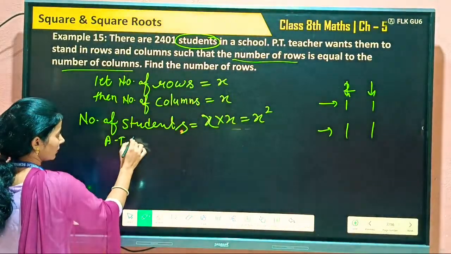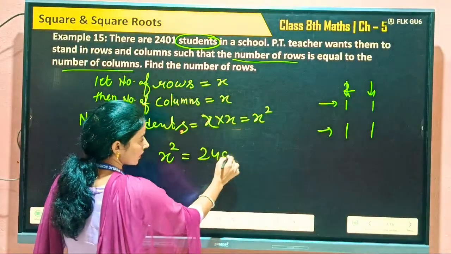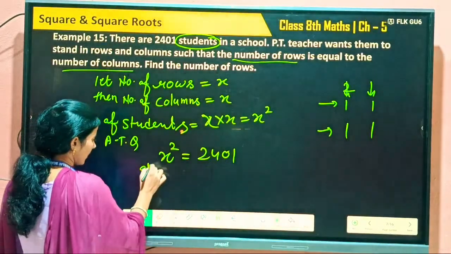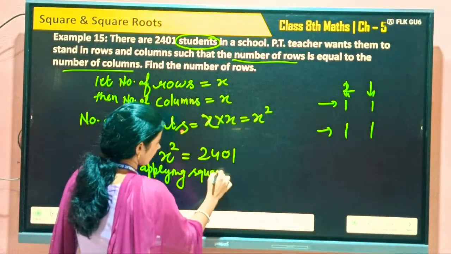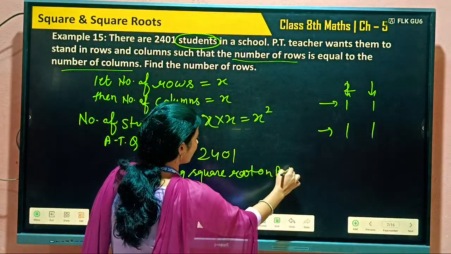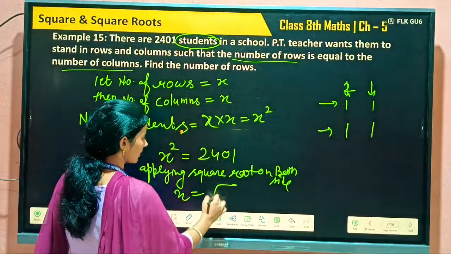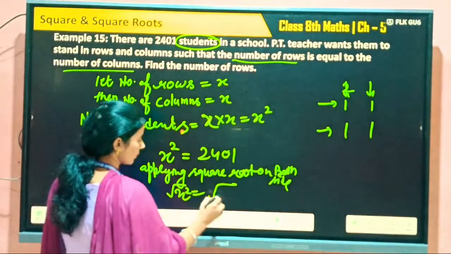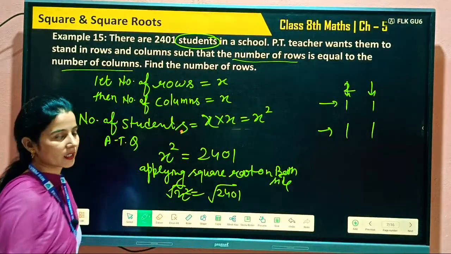According to your question, the total number of students given to us is 2401. Applying square root on both sides, x is equal to the square root of 2401. The square and square root will cancel.